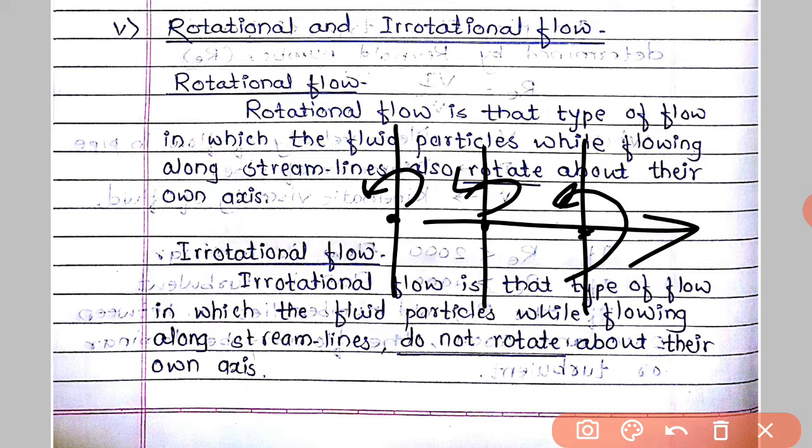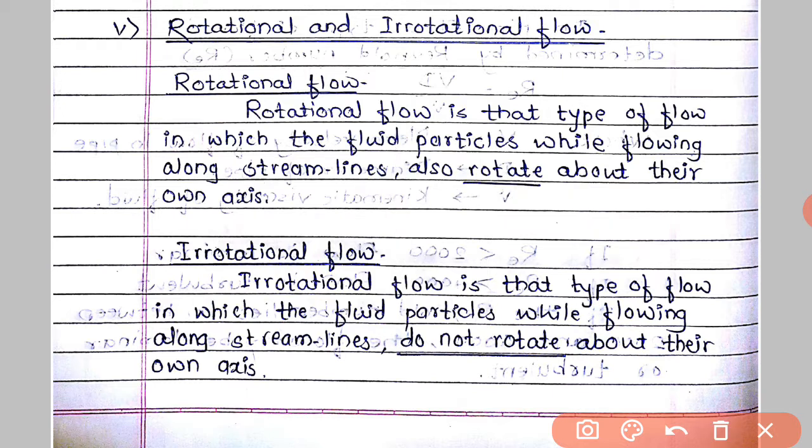So rotational flow is that type of flow in which fluid particles, while flowing along a streamline, also rotate about their own axis. And irrotational flow, those particles move along a streamline but do not rotate. Rotation does not take place in irrotational flow.